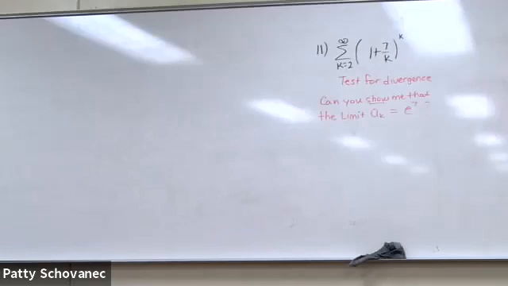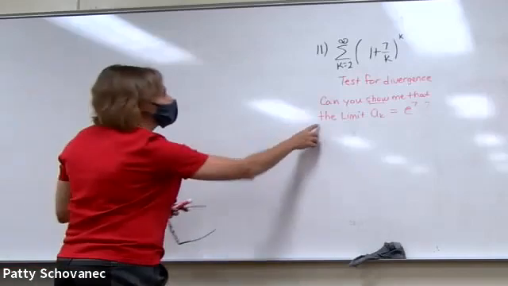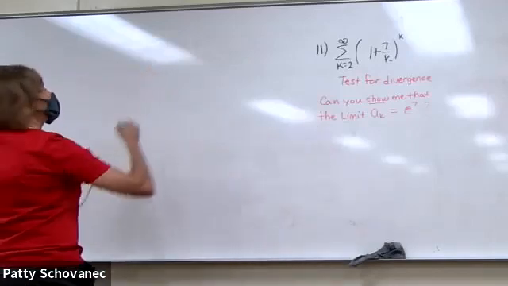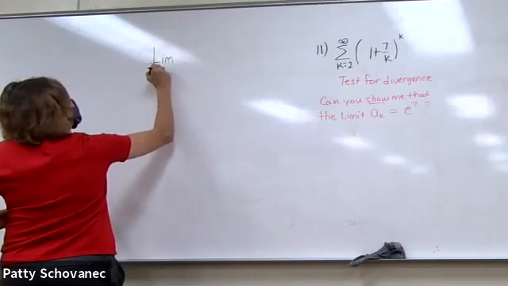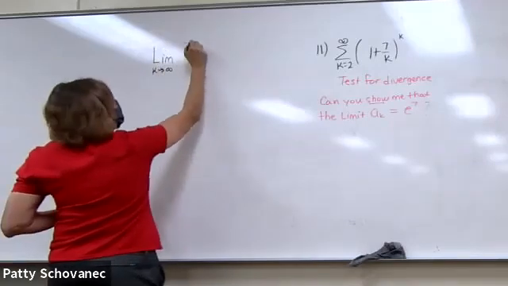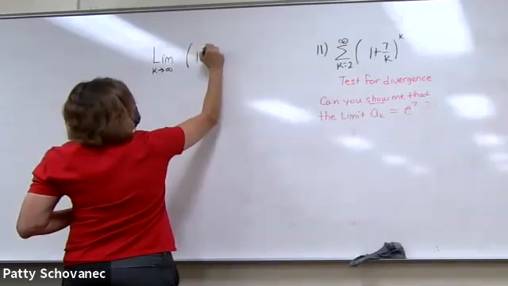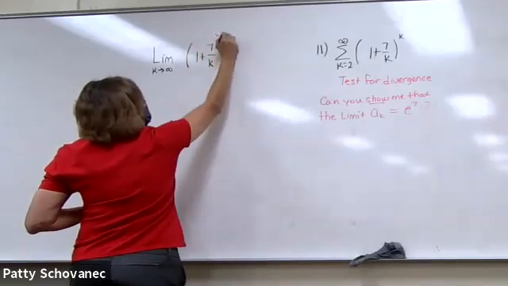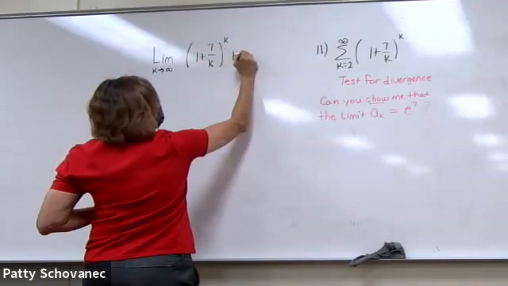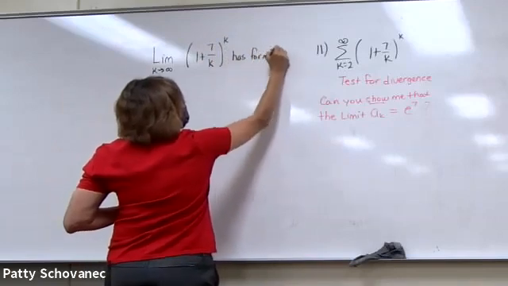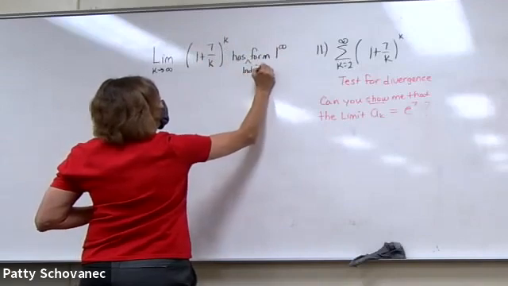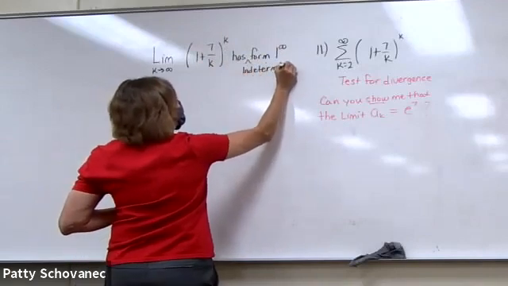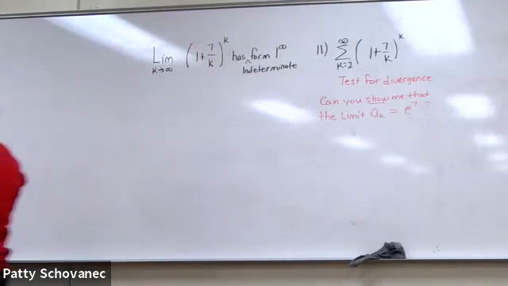So while you're doing that, I'm going to go through all the steps again to show that the kth term here goes to e to the 7th. One to infinity is an indeterminate form.